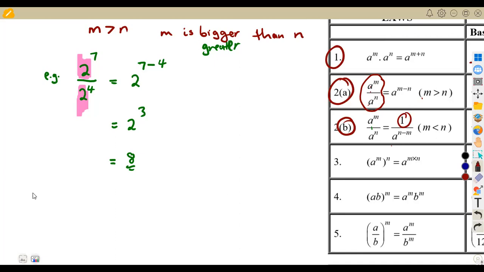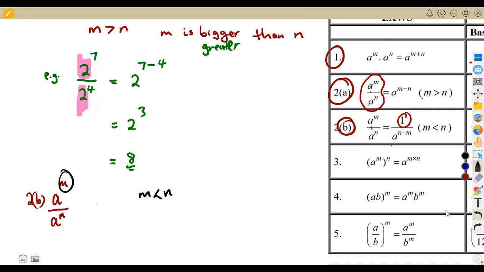So what am I trying to say? We are seeing that from our law, if it is a condition that we are still dividing the same bases, a to the exponent of m over a to the exponent of n, but this time our m is no longer bigger than n. Our m is now less than n.